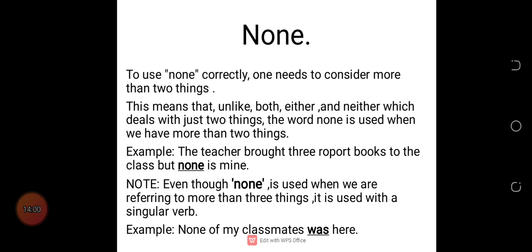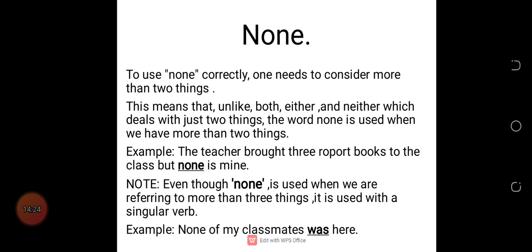But when you're talking about just 2 things, you cannot say, I have a notebook and a book, so you have mentioned 2 things, and then go further to say none is for you.